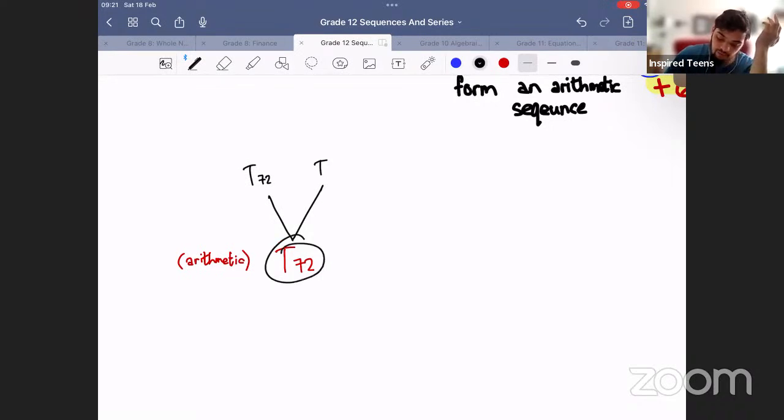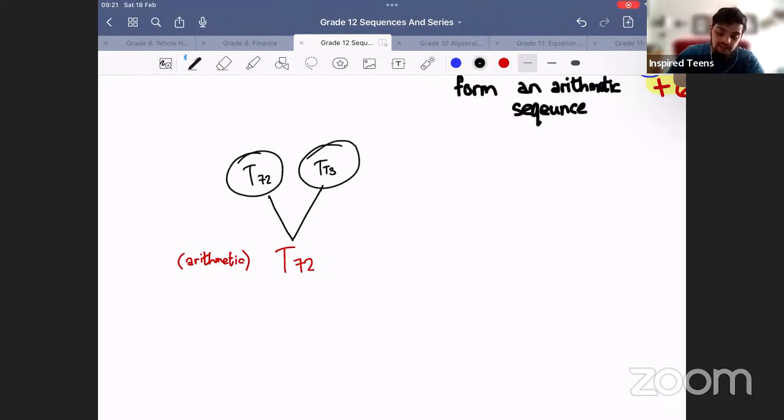So it's always itself and one above in the quadratic. So the 72nd term in the arithmetic is actually the first difference in the quadratic pattern of the 72nd and 73rd term in the quadratic.